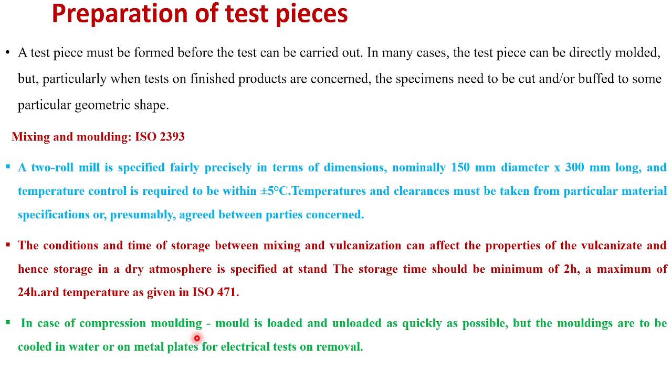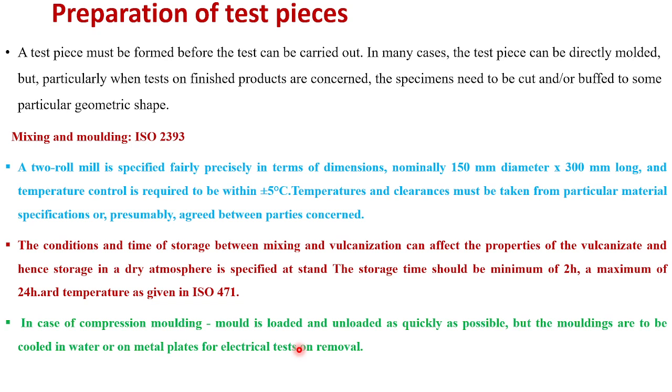In the case of compression molding, the mold is loaded and unloaded as quickly as possible. That means the stamp must be punched and immediately it should come out. But the moldings are to be cooled in water or on metal plates for electrical test or removal. Because if your material is ultimately going for an electrical application, then cleanliness is very much important.